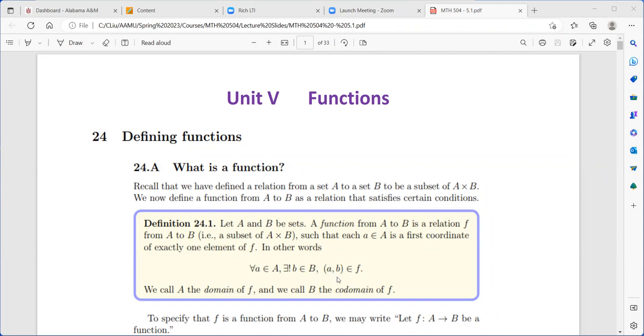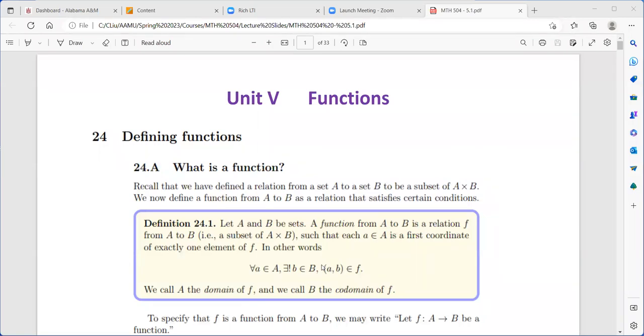So it includes all the pairs of all the elements from the first set paired with an element in set B. And you cannot have a pair with the same first coordinate but a different second coordinate, as we already know. So that's the symbolic logic to define the function.